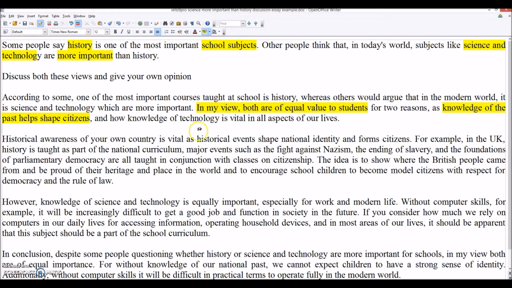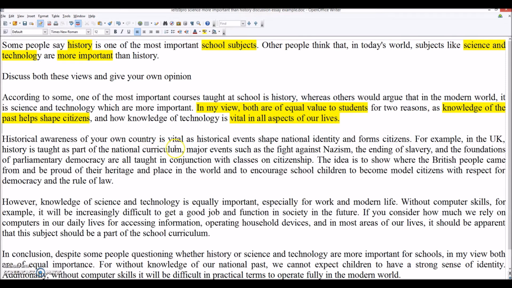And how knowledge of technology, and I'll be specifically talking about computer skills, because I've conflated science and technology into one thing, is vital for all aspects of our lives, etc.